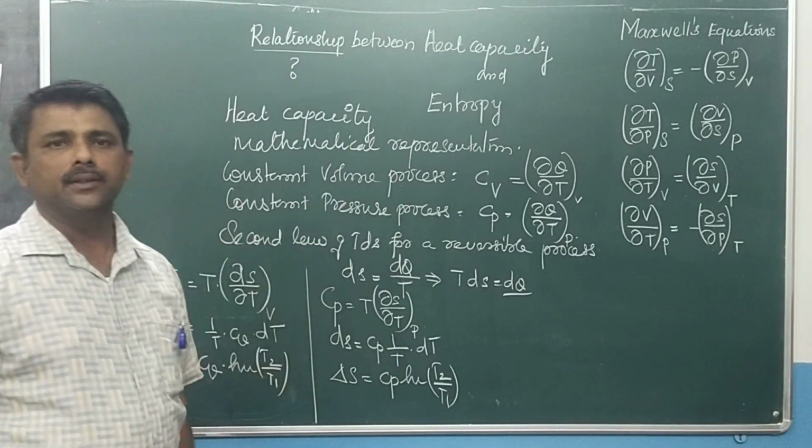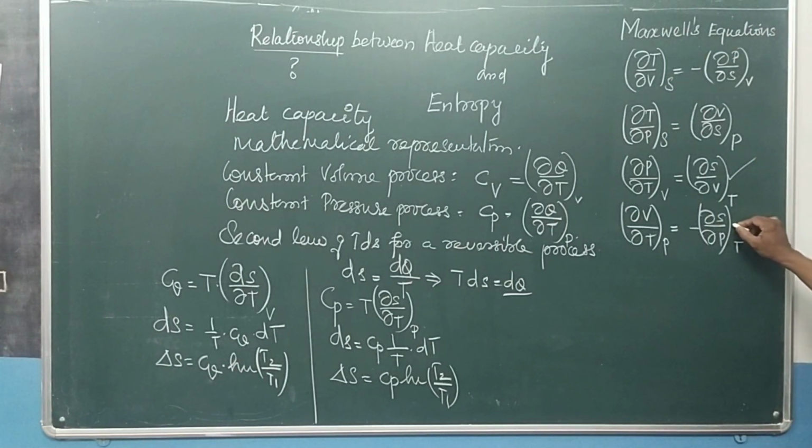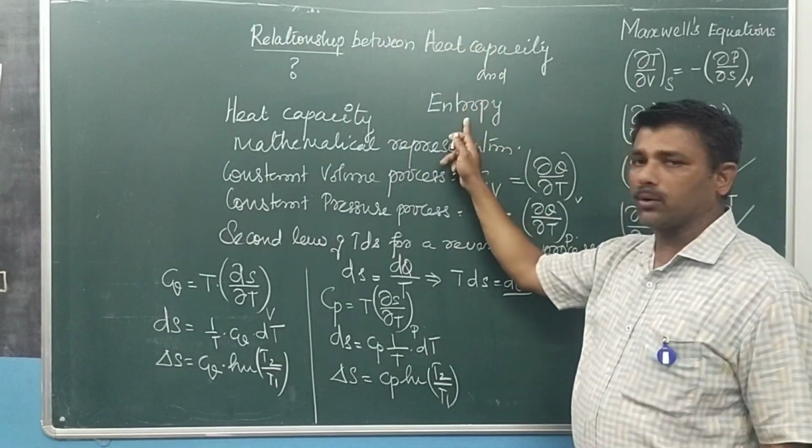In Maxwell's relations, the changes in entropy with respect to volume and pressure are given in partial derivative form. There is no information regarding changes in entropy with respect to temperature. In order to obtain it, we must establish the relationship between heat capacity and entropy.